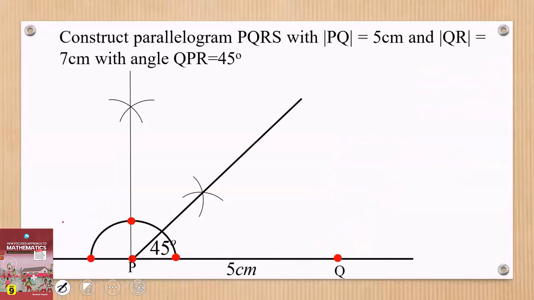So compass pin at Q, we construct an arc. Then at this point, we are going to construct 90 degrees. So we open it and draw the line, go to the other side and draw another one, join them and get a perpendicular line, or 90 degrees. Now we want 135.